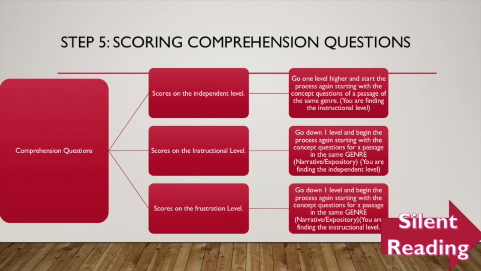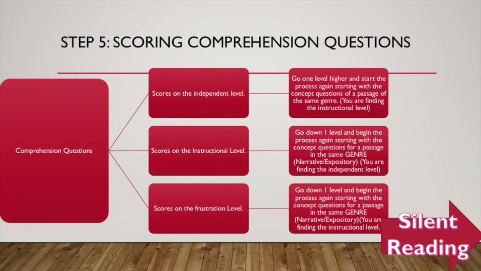If the focus learner scores on the independent level with the comprehension questions, then you need to increase the level of difficulty by one level until you reach the instructional level. If the focus learner scores on the instructional level, you must decrease the level of difficulty by one until you reach the independent level.